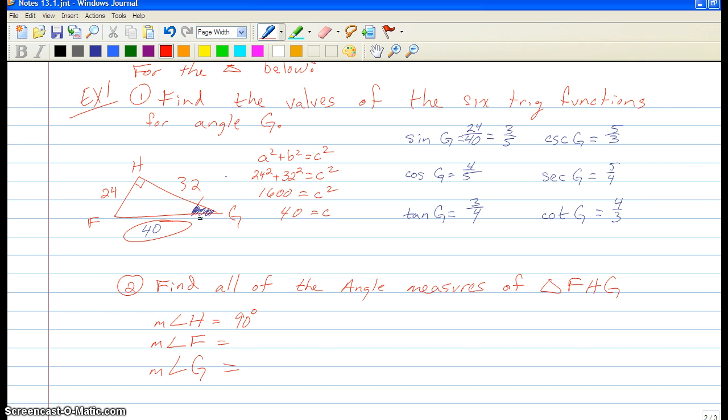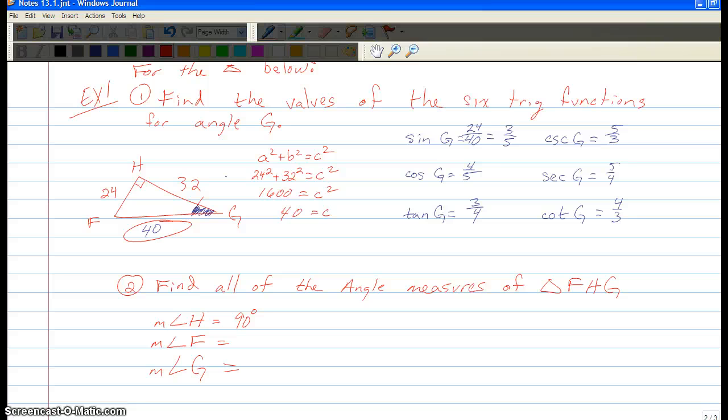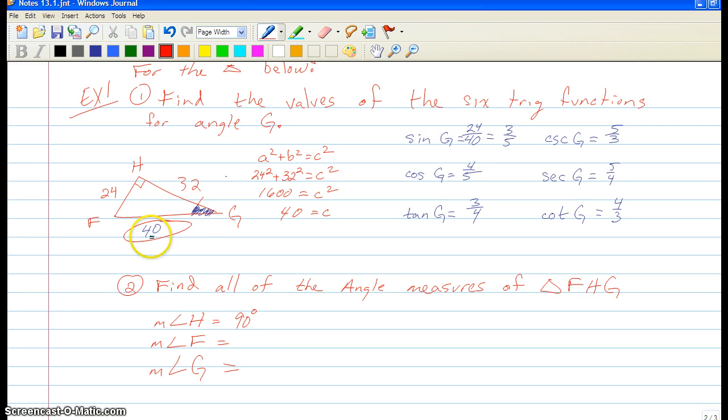What trig function do you want to use to relate this angle g with the sides that we were given originally? The problem is sine and cosine both use the hypotenuse, which was an answer that we found when we were solving the problem in a different way. It's not part of the original information.